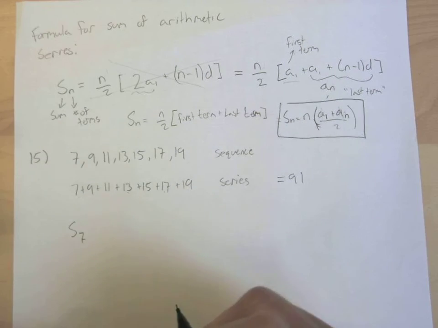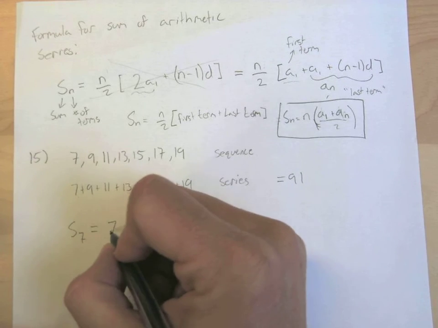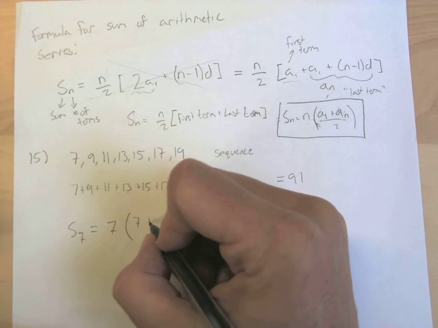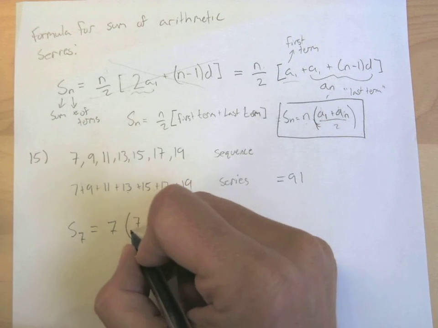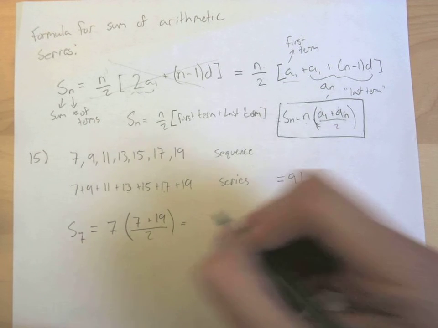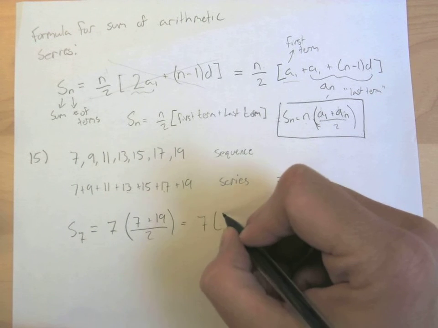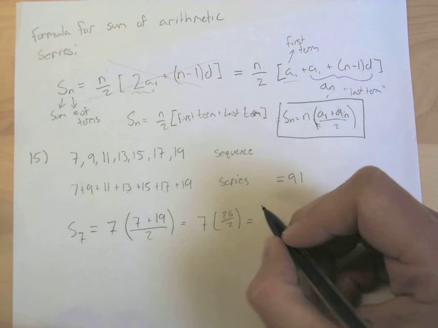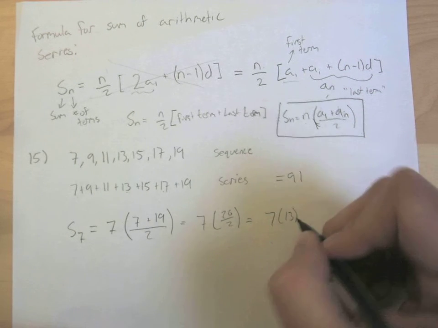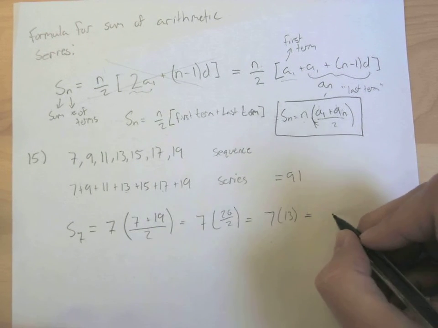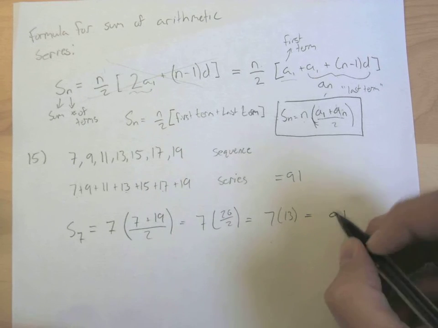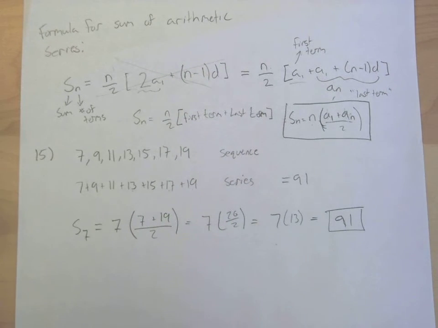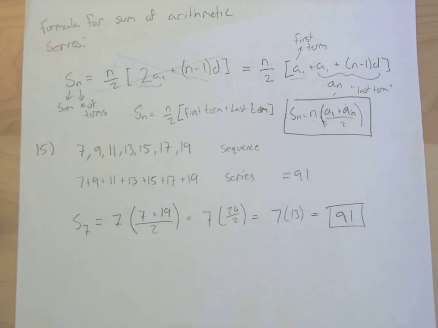The sum of these 7 terms is equal to 7 times the first term, 7, plus the last term, 19, divided by 2. So this is 7 times 26 over 2. 7 plus 19 is 26, and 26 over 2 is 13, so 7 times 13 equals 91. Okay, so it works.